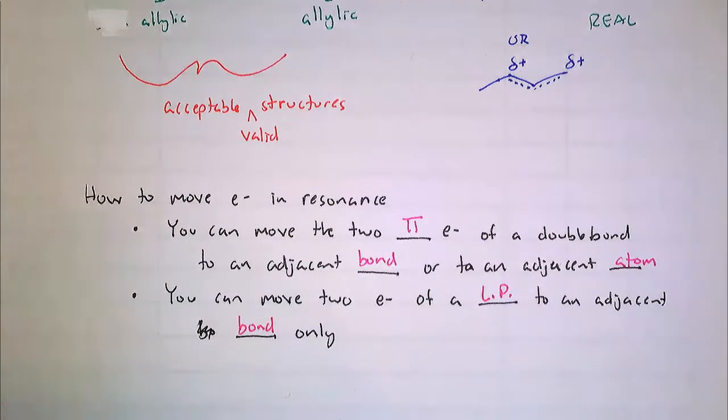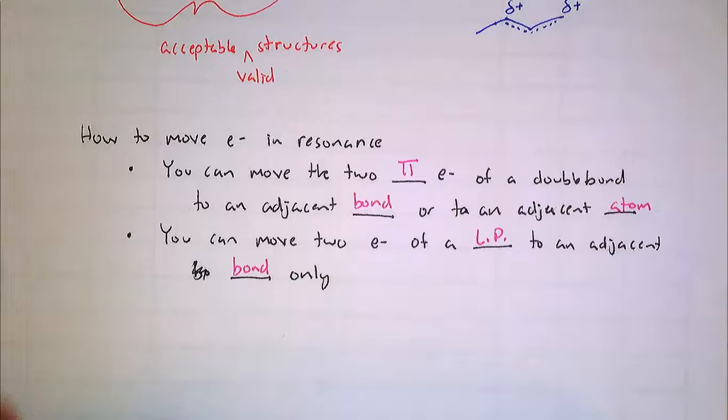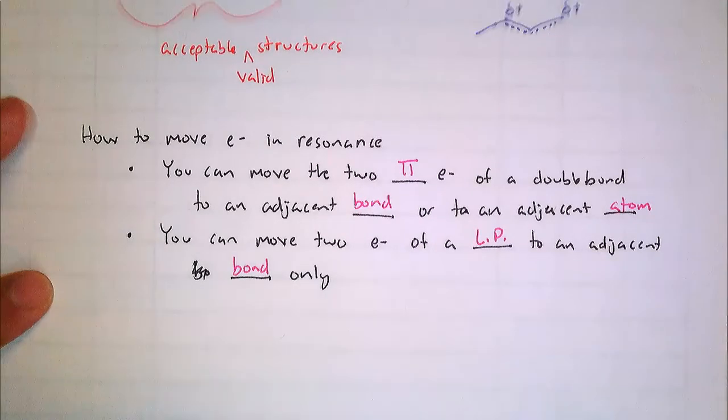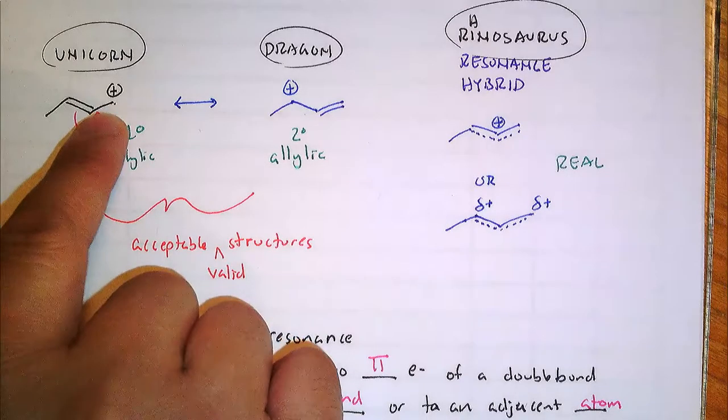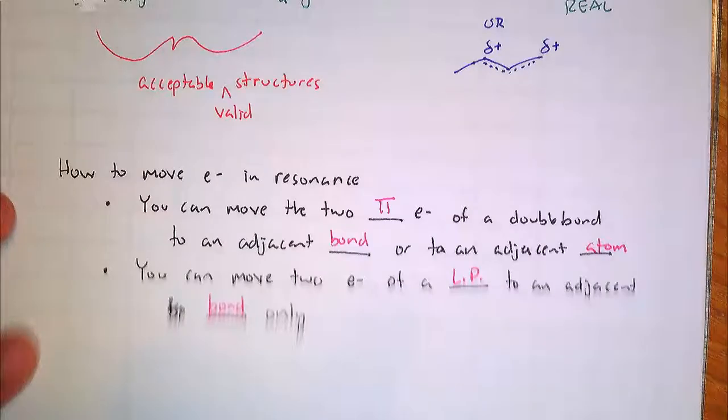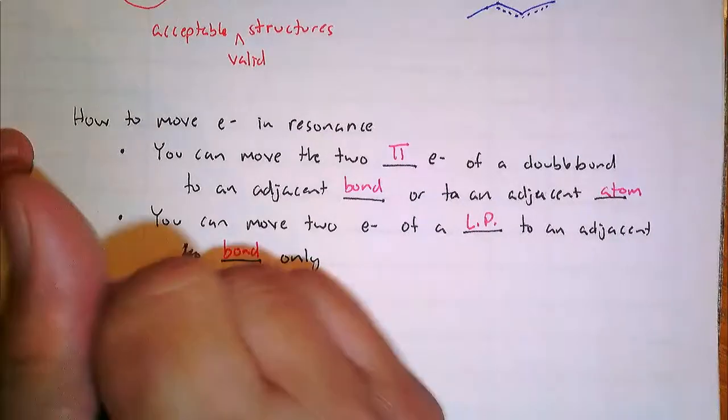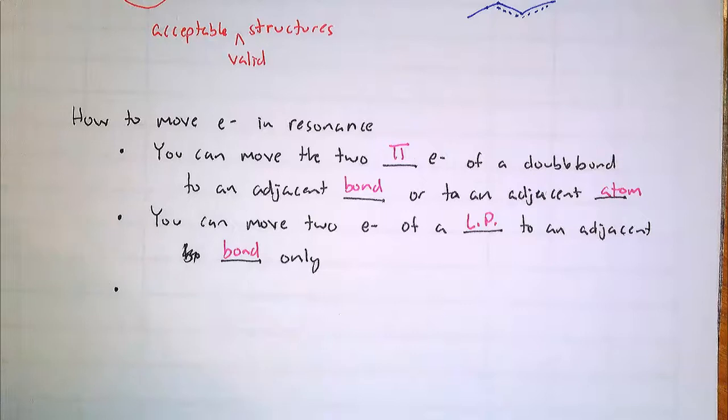We haven't seen that. We might have some time to show an example of an anion. See, these are carbocations. Maybe we could do a carbanion and show how it can do resonance as well. But lastly, nope, I think we're good. Those are the only 2 rules.